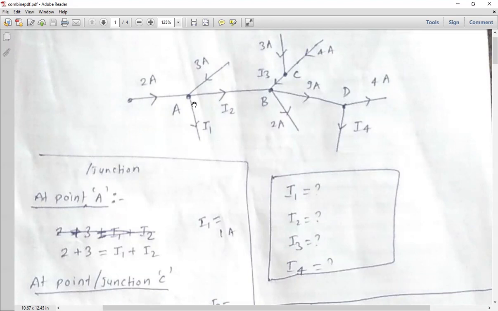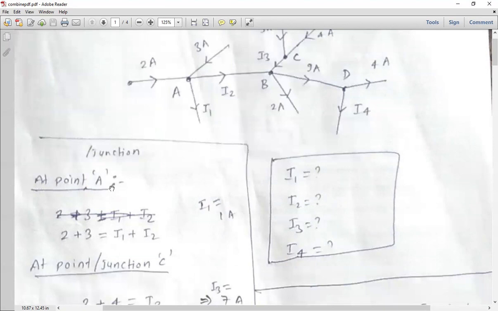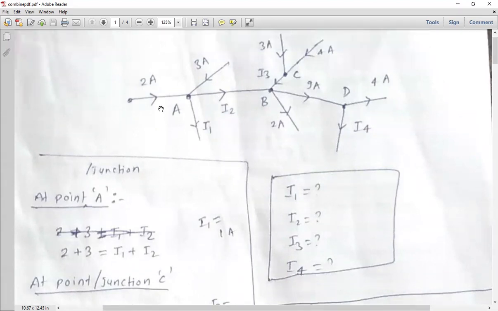So let's see the solution. At junction A, we apply KCL, or Kirchhoff's first law, which says that the sum of currents flowing toward a junction is equal to the sum of currents flowing away from the junction.